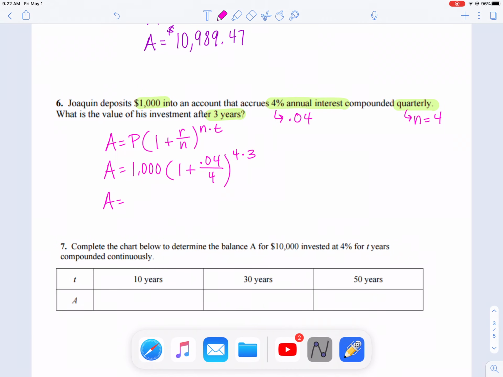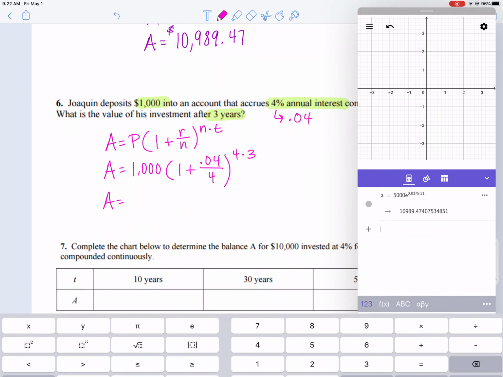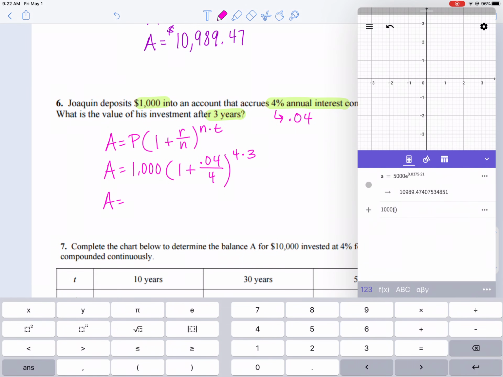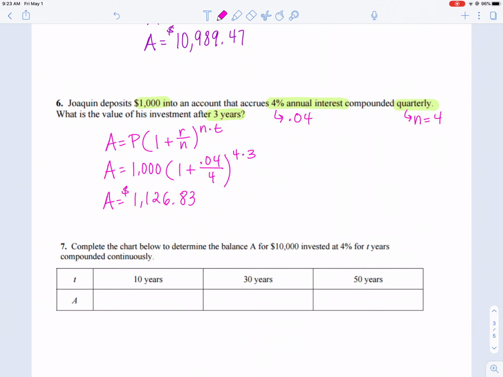So if I go in here, I'm going to do 1,000 times 1 plus, I'm going to divide and make it 0.04 divided by 4. Don't forget to raise it now to the 4 times 3, which is going to give you $1,126.83. Okay, there's your money.